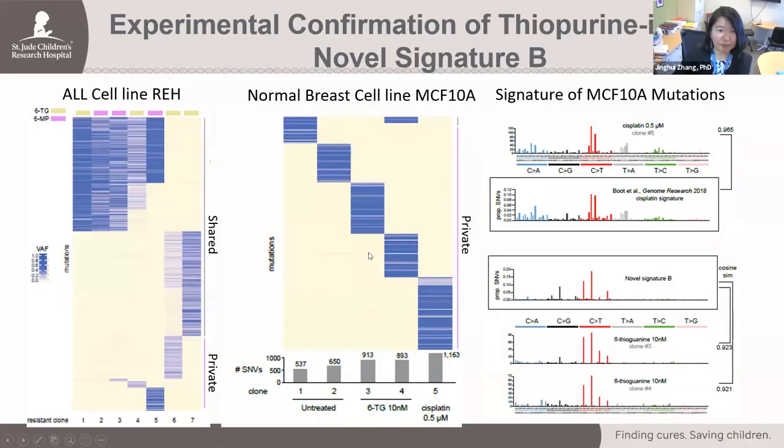And when we look at the novel mutations gained from these two experiments, they indeed bear the same signature as the novel signature B in the patient sample, confirming that treatment with thiopurine indeed caused the novel signature B that we observed in the patient sample.